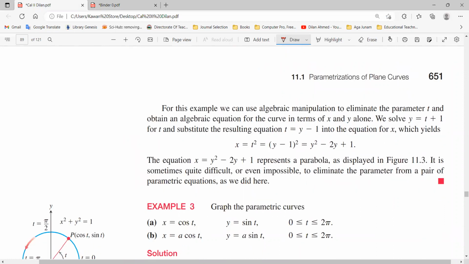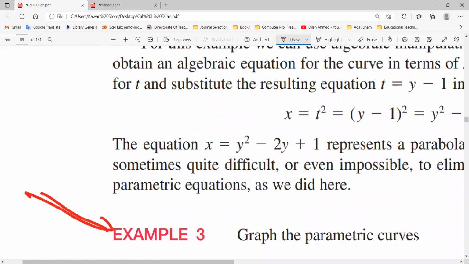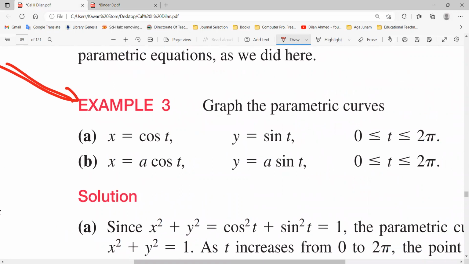And look at example 3, which is a common example. Maybe it looks different, but it's easy. x equals cosine t, y equals sine t, and we have t between 0 and 2 pi.